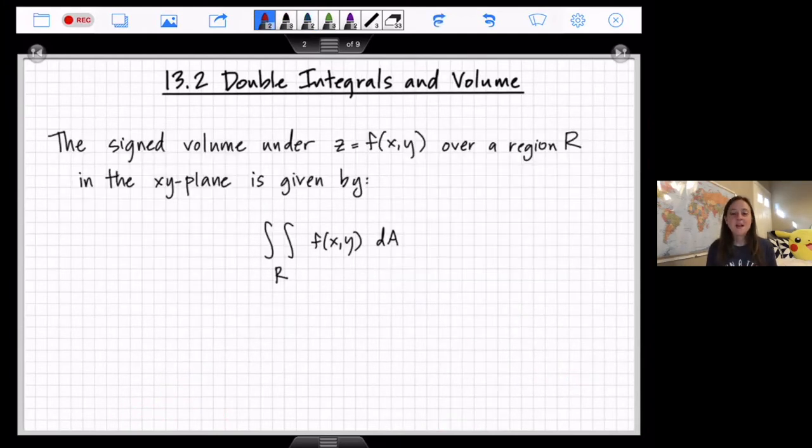So here in the middle of the slide, you can see a sort of shorthand notation for our double integrals. I mentioned the dA at the end. This can either mean dx dy or dy dx, depending upon whichever is more convenient for the integral that you're working on. And then the double integral has an R underneath it. That stands for region of the xy plane.